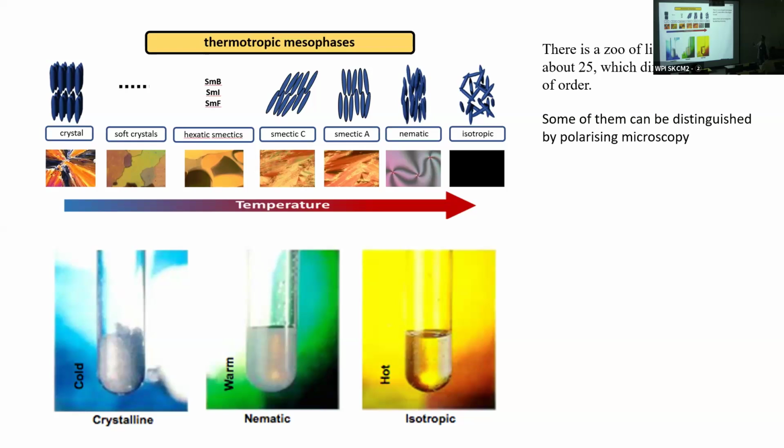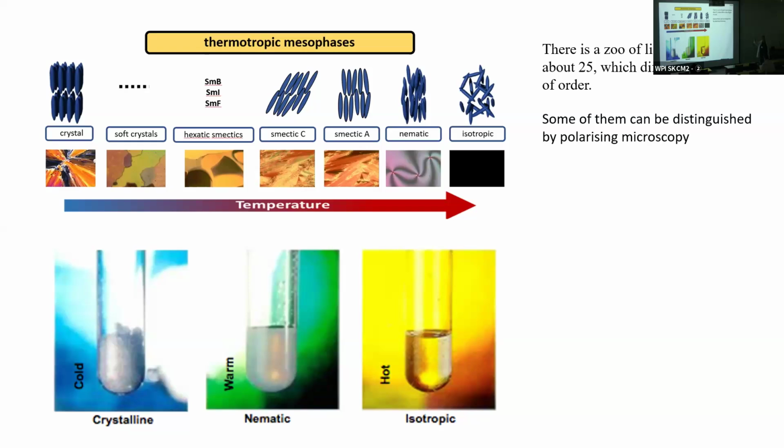Sometimes there are hexatic phases, and then there are fluid smectic phases like smectic C, which is a tilted phase, smectic A, which is an orthogonal phase, still with one-dimensional positional order. That order is lost in the nematic phase, which only has orientational order.